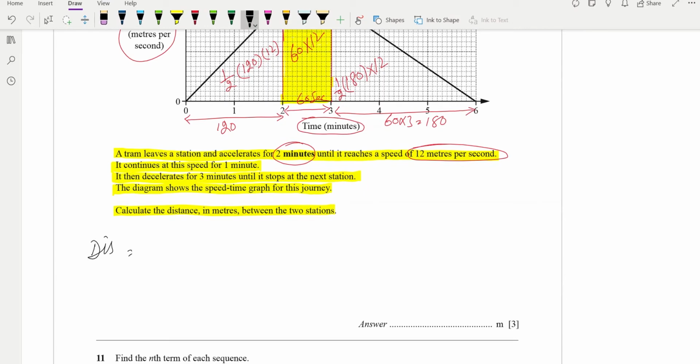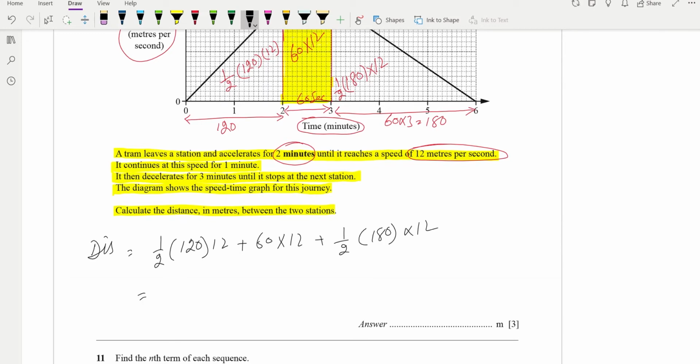So distance will be equal to 1 by 2 into 120 into 12, plus 60 into 12, plus 1 by 2 into 180 multiplied by 12.